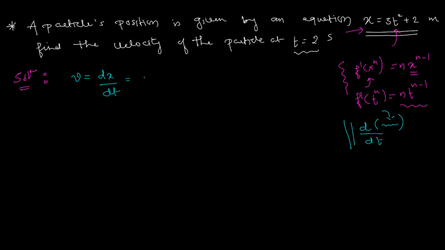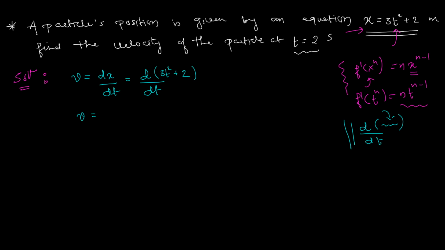Let's do that. So you have your little d by dt of, now for the real function, what is actually x in the question? It is 3t squared plus 2, and I'm going to use a little bit more than what I've actually taught in the previous video, but I hope you get the point. I'll mention all those things. Now, wait, I'll simplify the question a little bit, guys.